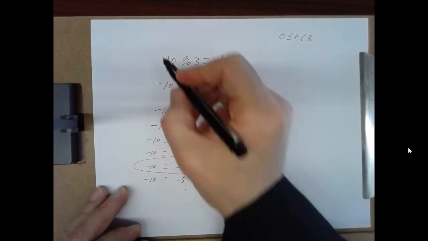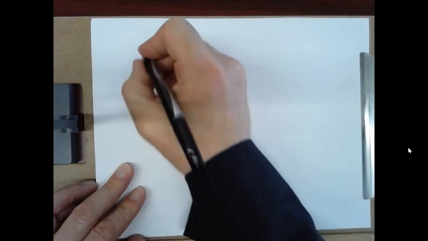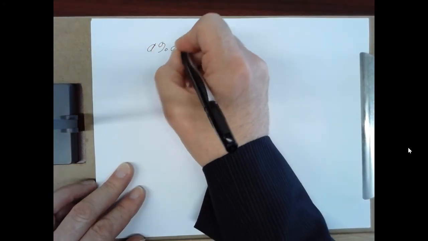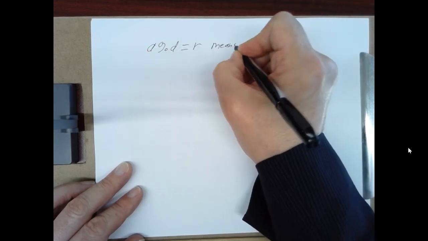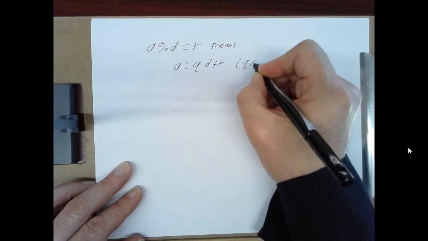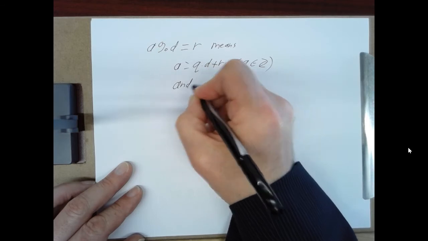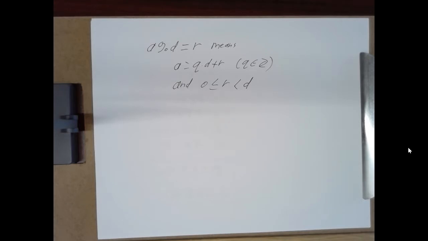All right, so are we clear on what we mean by looking at one thing modulo something else? A mod D equals R means A equals some Q times D plus R, where Q is an integer, and R is bigger than or equal to 0 and less than the divisor.